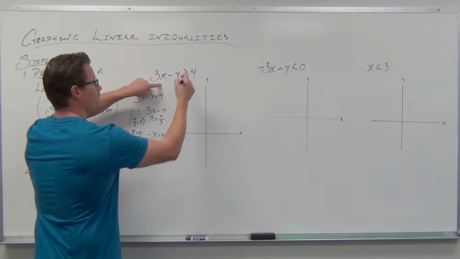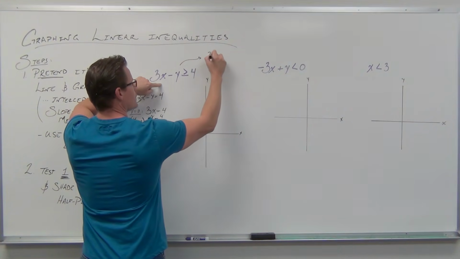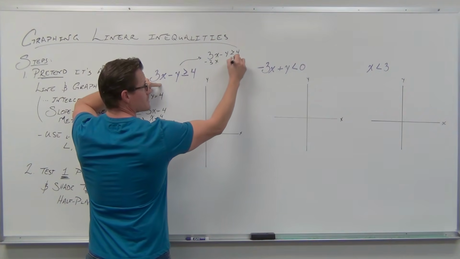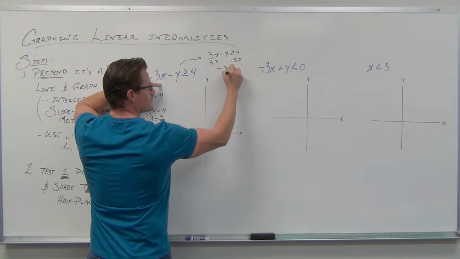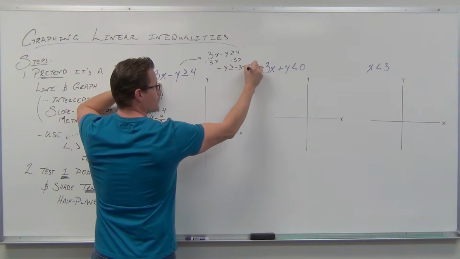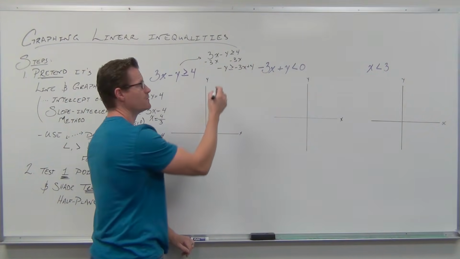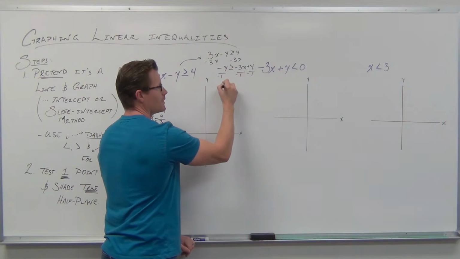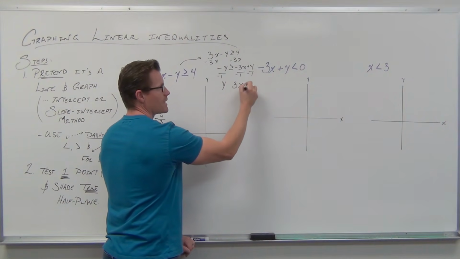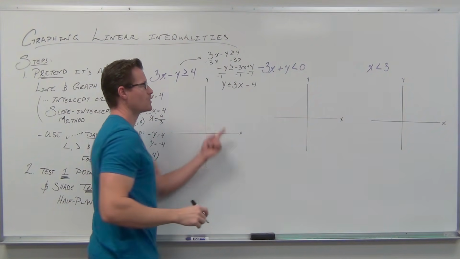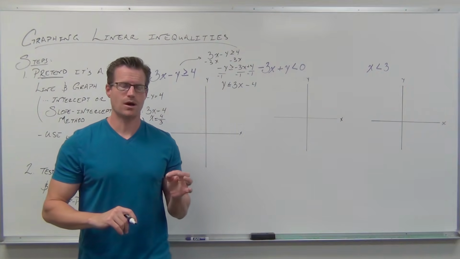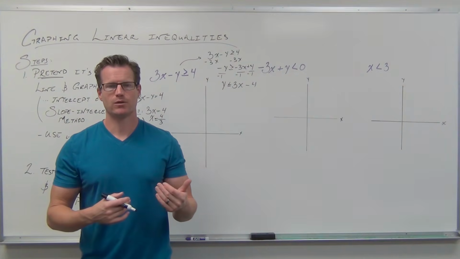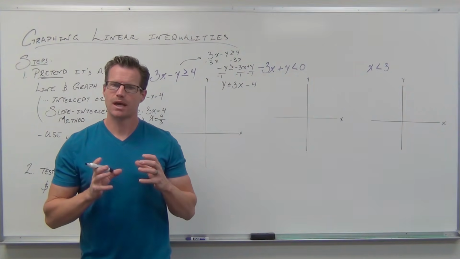So if you're going to do it, and subtract 3x, which is perfectly fine, when you divide by the negative and you do it everywhere, you get positive 3x and -4. That inequality must reverse itself. Otherwise, your line just ain't going to look right. All right, well, your line will be fine, but your half plane will be completely wrong. So be careful of doing that, please.